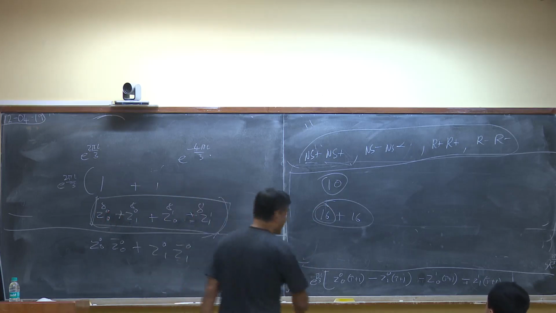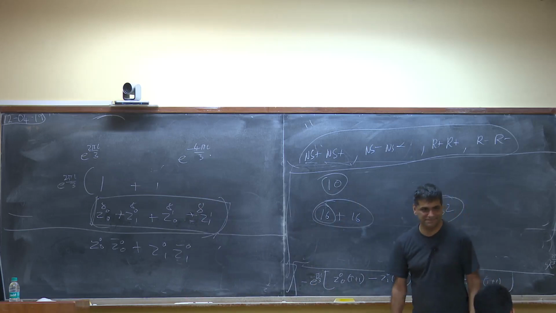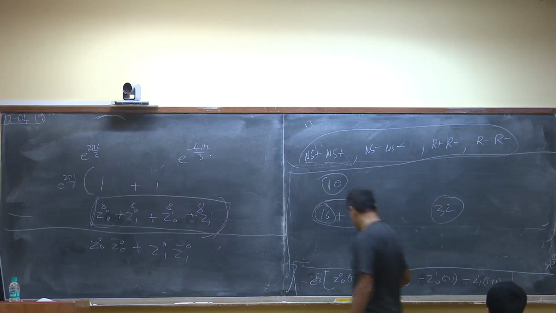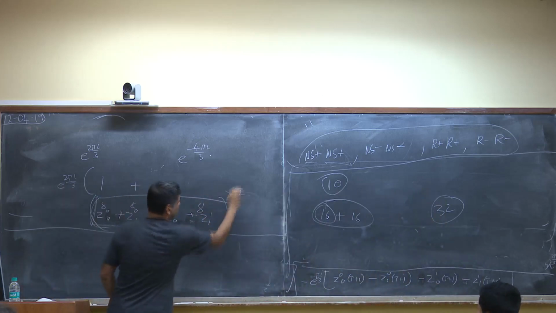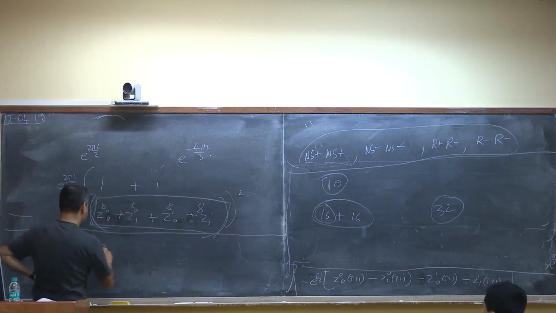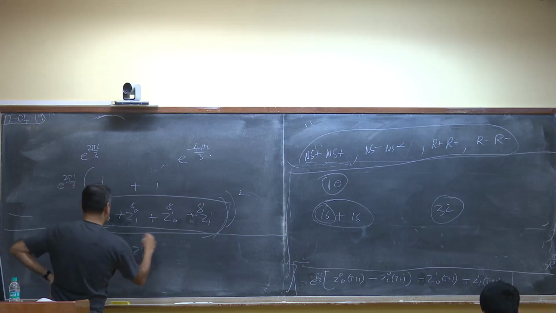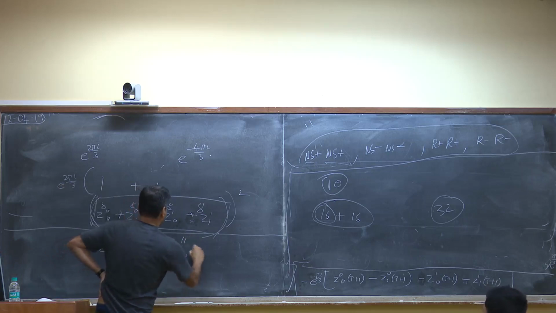Or we take the set of 32 fermions with one single GSO projection. The two partition functions are either this thing, the whole thing squared, or Z_00 to the 16 plus Z_01 to the 16 plus Z_10 to the 16 minus Z_11 to the 16.